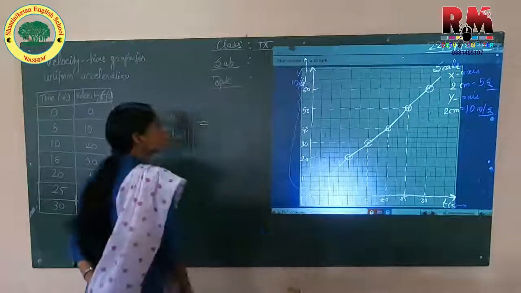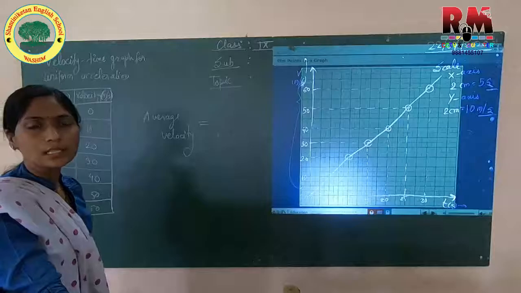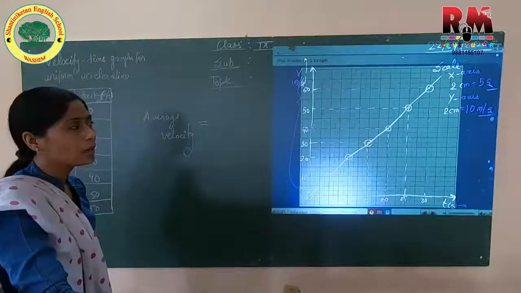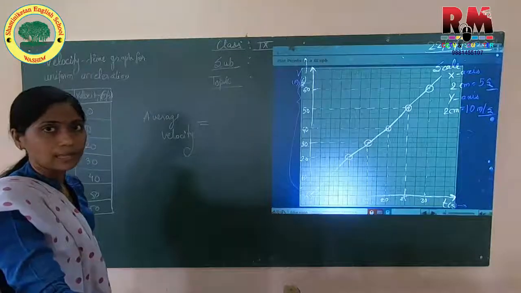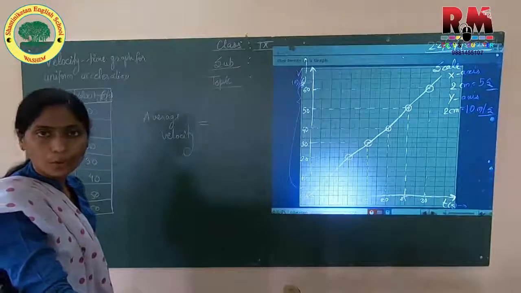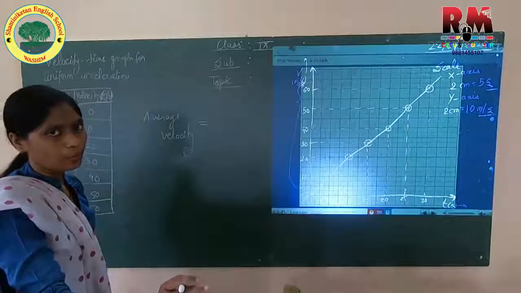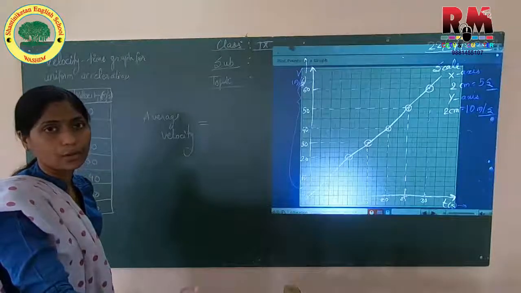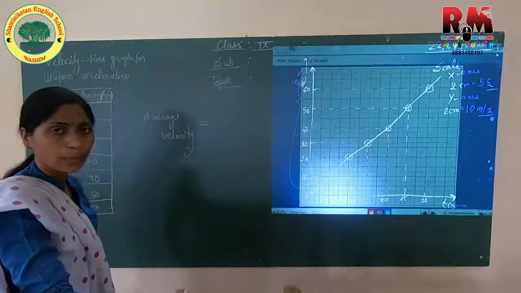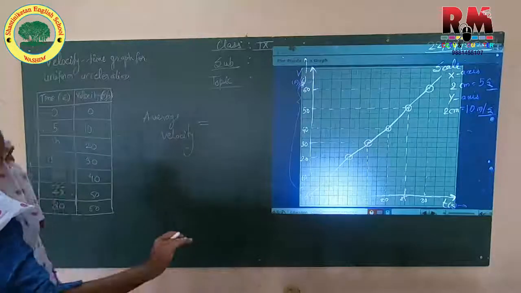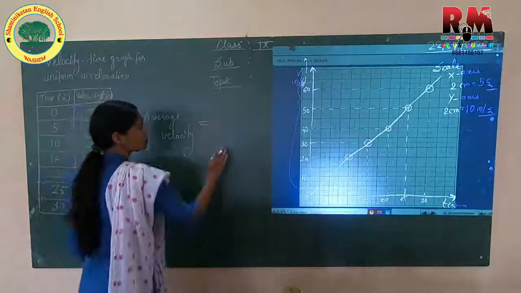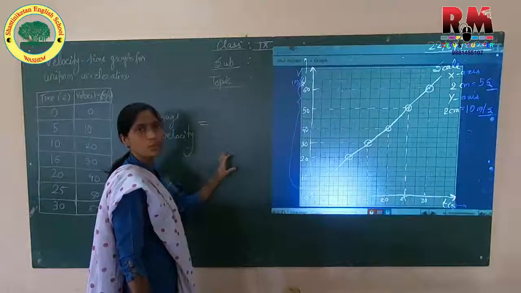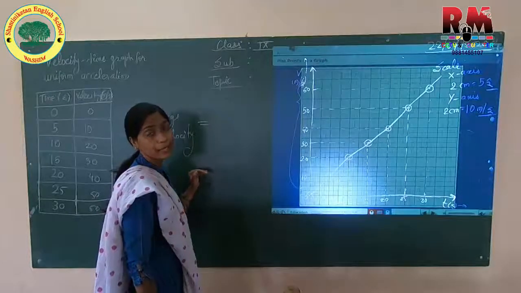Now, you know that in one of my class, just go through previous lectures, I have told this thing, that whenever we are having uniform speed, uniform acceleration, not uniform velocity. Uniform velocity means acceleration is 0. So whenever we are having uniform, then how to find average? Initial value plus final value divided by 2.